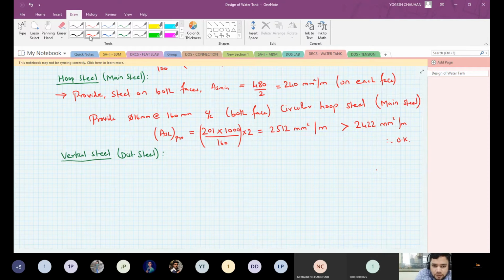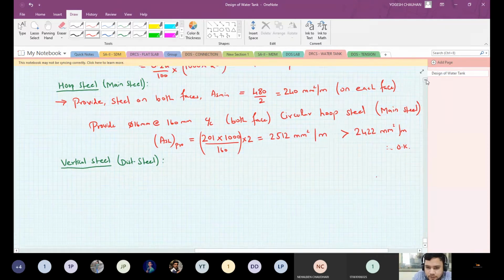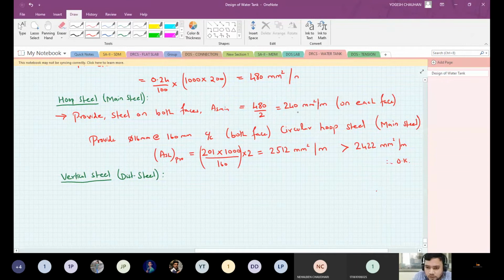For distribution steel, it is based on the minimum steel requirement. So this has to be clear.